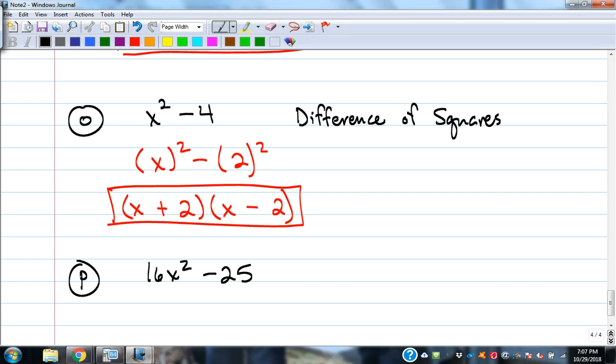Try another one, see if we can pick up this pattern. 16x squared minus 25. It's in descending order. Does 16 and 25 have anything in common? No. So we got two terms and a minus sign, so we're thinking difference of squares.